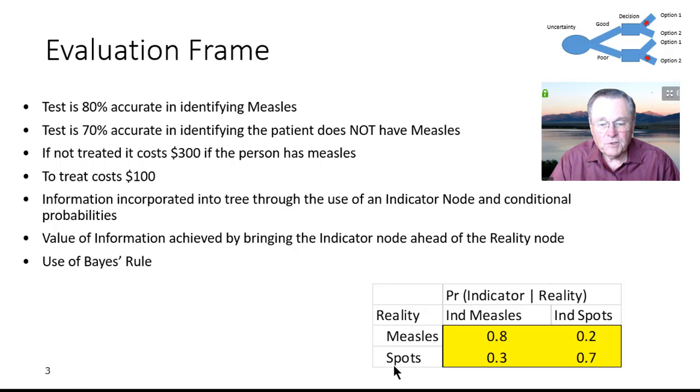You either have measles or you have spots. And here's the probability of the indicator given the reality. So if they have measles, 20% chance that they have measles, but we interpret it as spots. The test does. And if they have spots, we'll get that right 70% of the time, and 30% of the time we'll think it's measles.